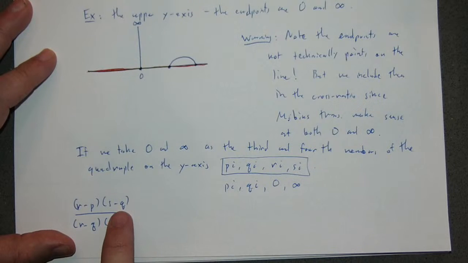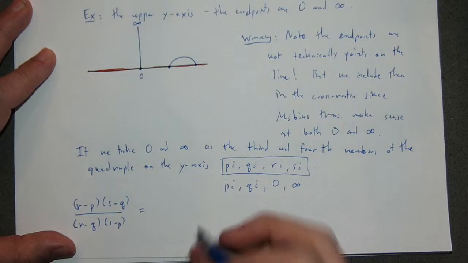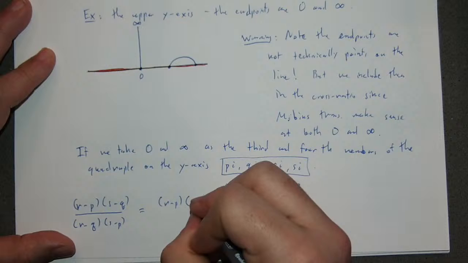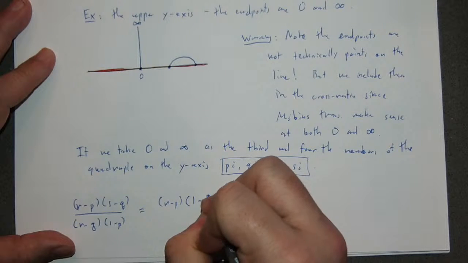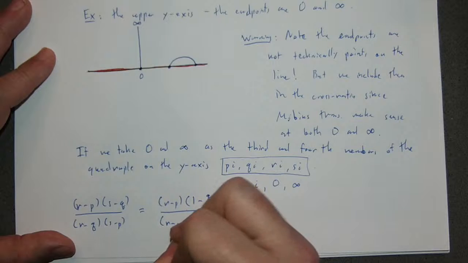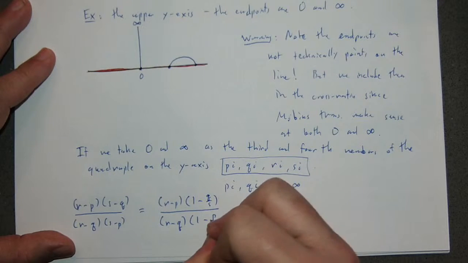We can divide both top and bottom by S. You'll see why we're doing this in a second. So this is the same thing as R minus P times 1 minus Q over S, divided by R minus Q and 1 minus P over S.